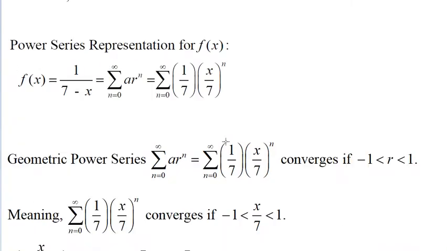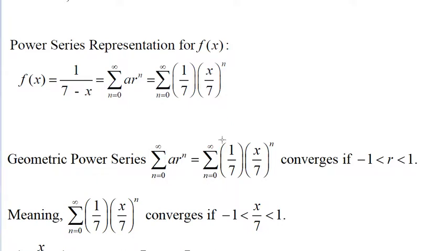And then notice that because this is a geometric series, it converges if r is between -1 and 1. So remember that a geometric series converges when r is between -1 and 1. But in this case, r is x over 7.